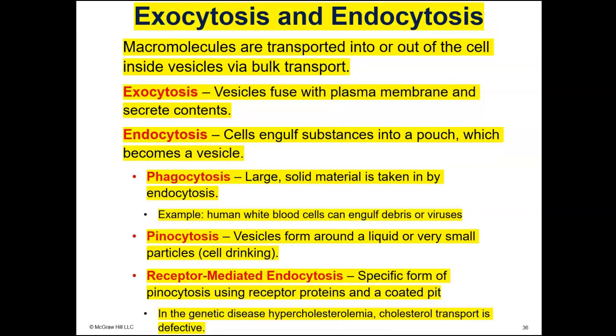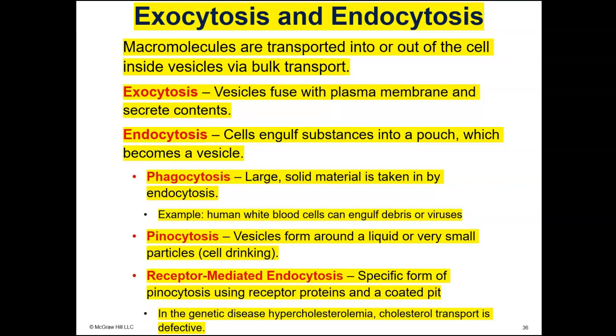Now we're going to learn about bulk transport, which requires the formation of a vesicle. The vesicle is composed of a phospholipid bilayer, just like the plasma membrane, because either it's going to pinch off from the plasma membrane to form, or it's going to fuse with the plasma membrane.